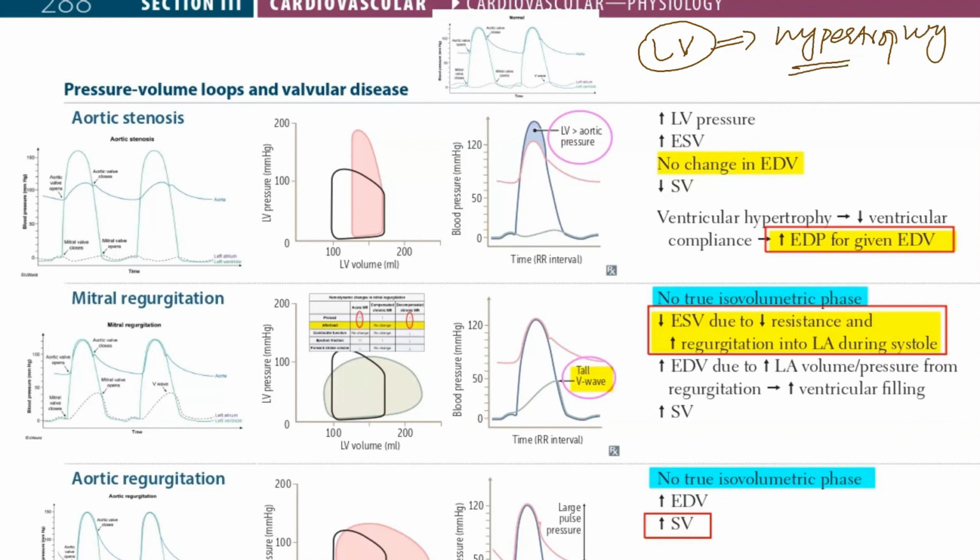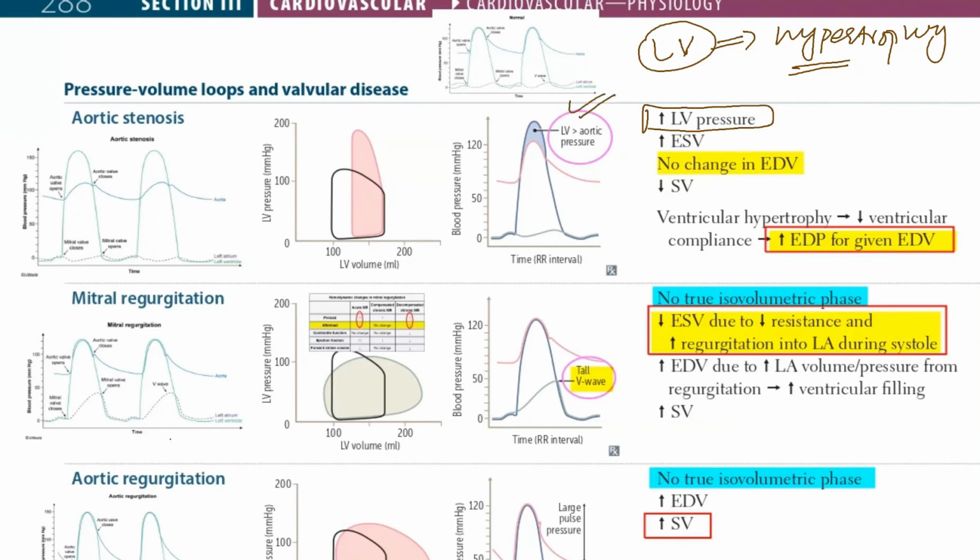So more work has to be done by the left ventricle. When more work has to be done, what will happen? It means there will be more left ventricular pressure as compared to aortic pressure. It is a characteristic finding in aortic stenosis.